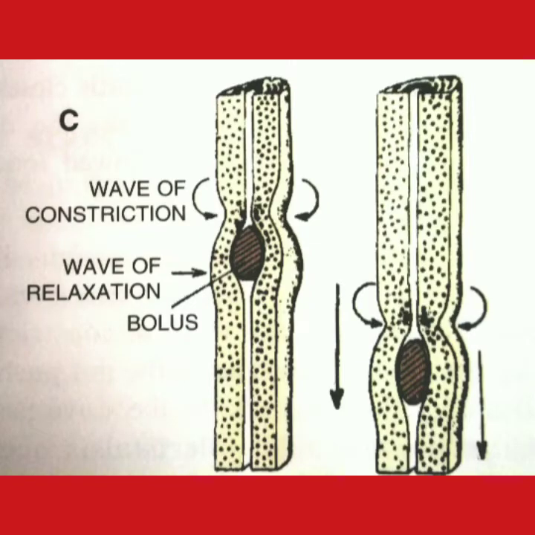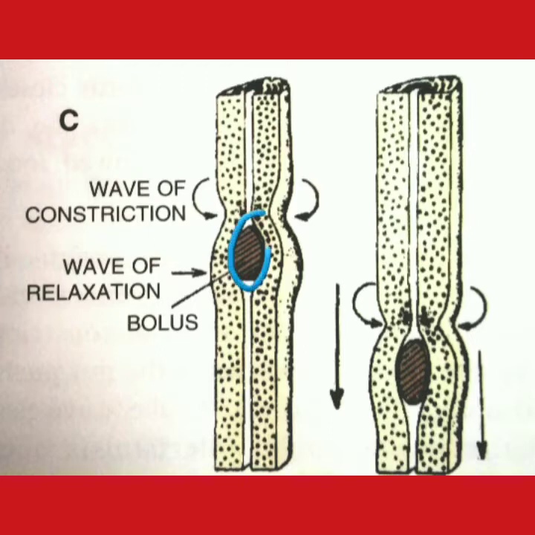Next is peristalsis. So once the food reaches the esophagus, it is conducted behind by a special movement called peristalsis. Peristalsis is the wave of constriction caused by the circular muscles of the gut pushing the food along.